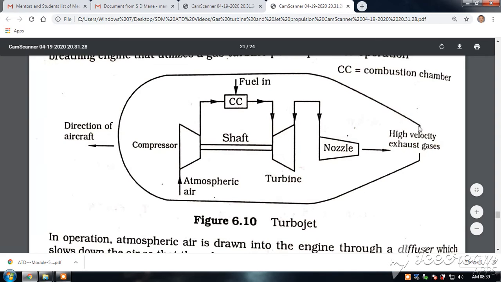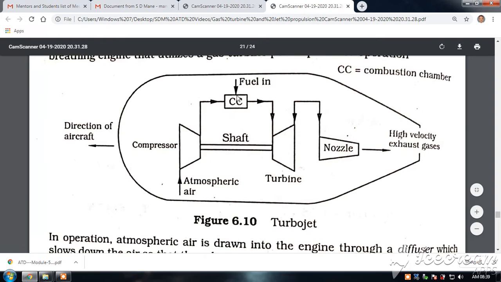You see the air is entering like this, the direction of the aircraft is like this. Here you have a compressor, and before that compressor you can also have a diffuser. Air enters through the diffuser, then enters the compressor, then comes to the combustion chamber.